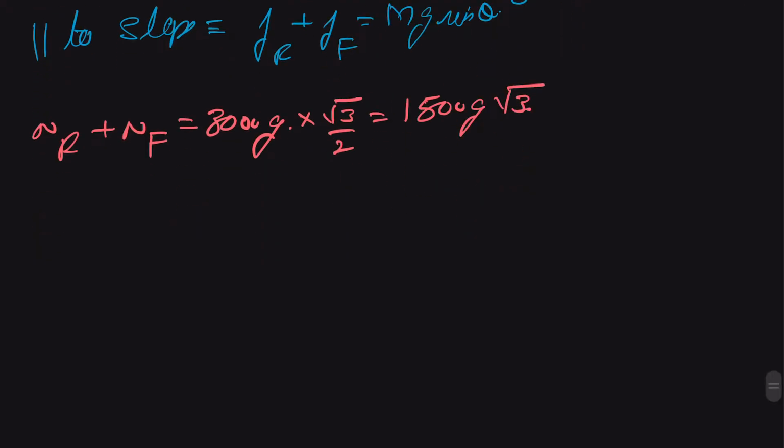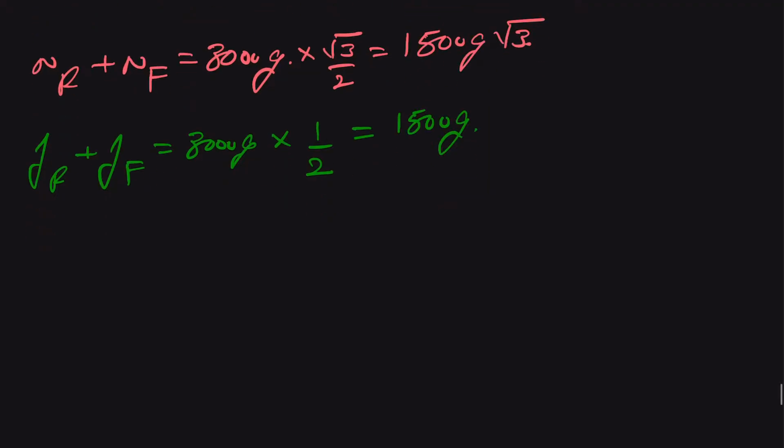And we get the frictional force to the rear plus the front equal to 3000 g times 1 by 2, which gives us 1500 g. So these are the sums of both the forces.